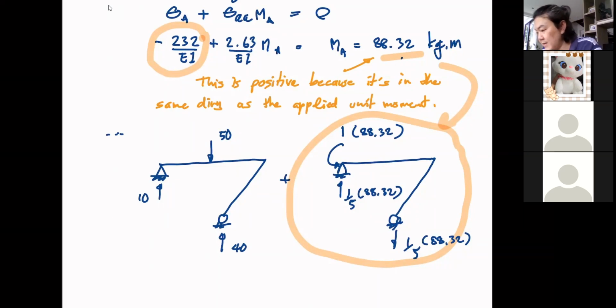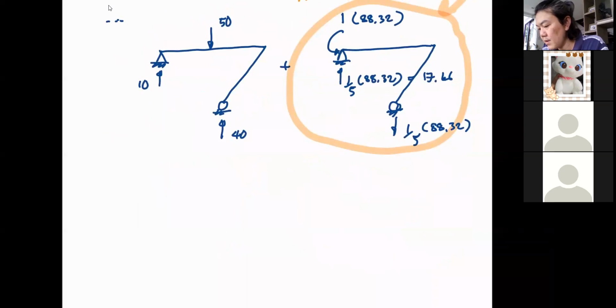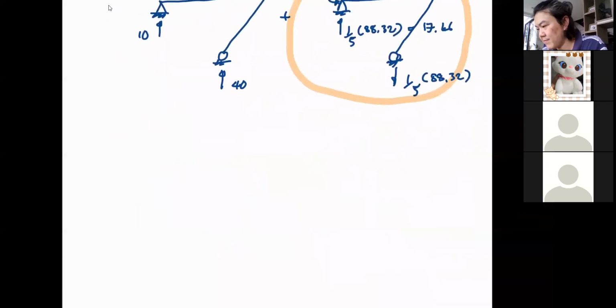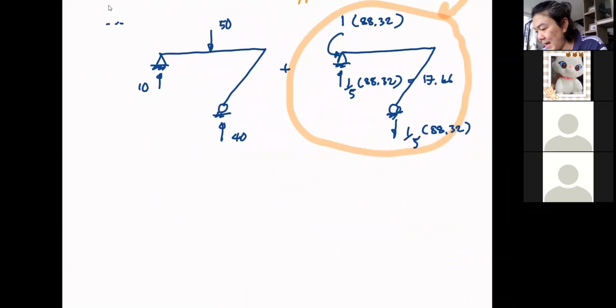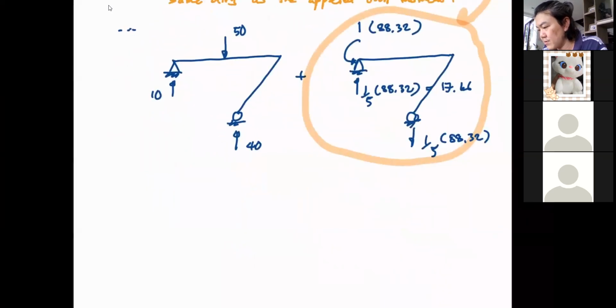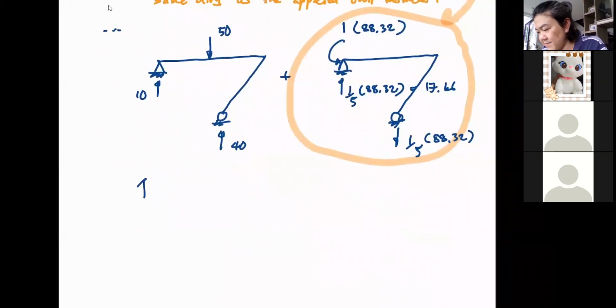That's roughly 17.66. So when you combine them, now you have this structure.